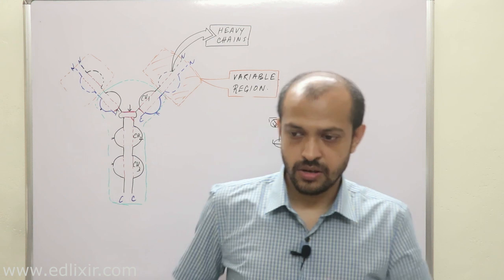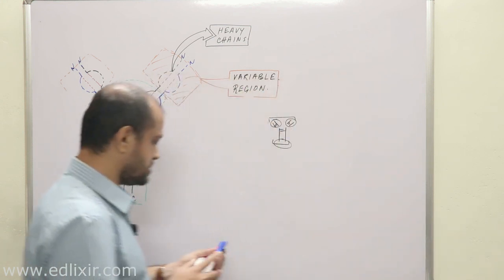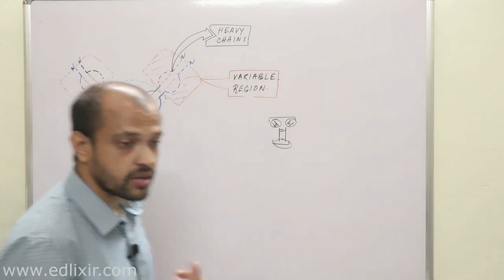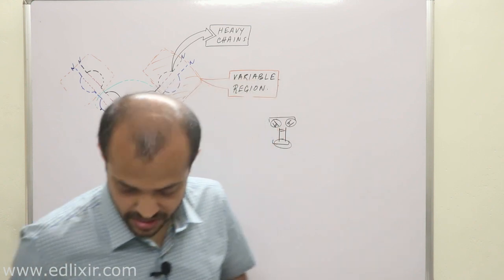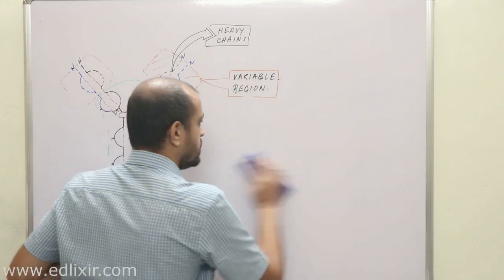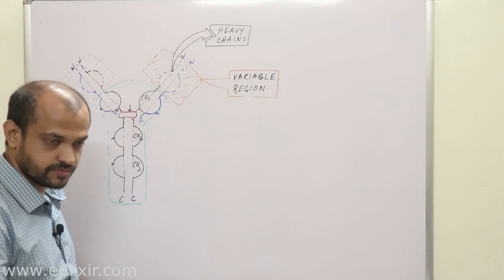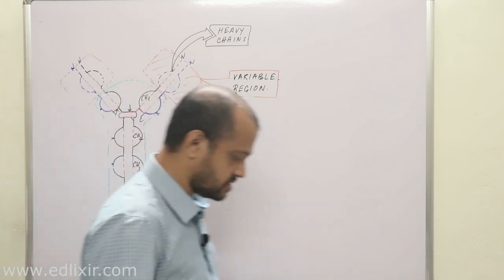But a very important point we need to understand is what are those two important proteases which help in converting this whole antibody into segments. Now listen with all your attention.